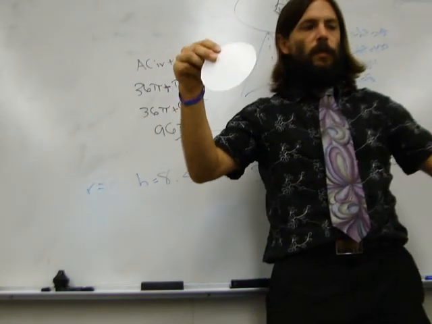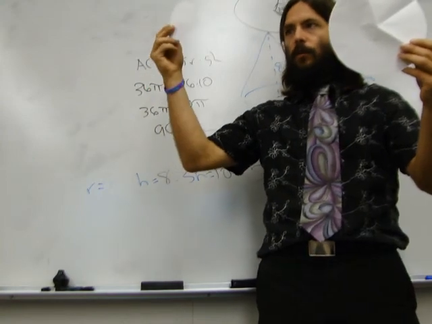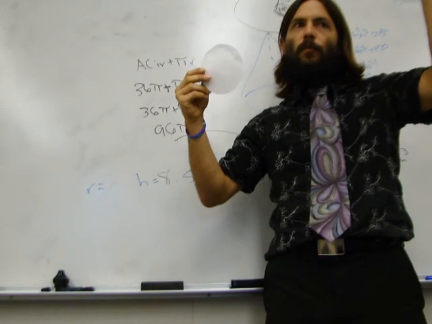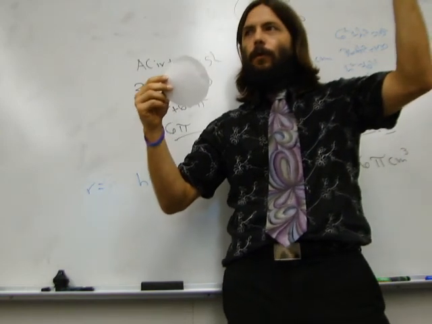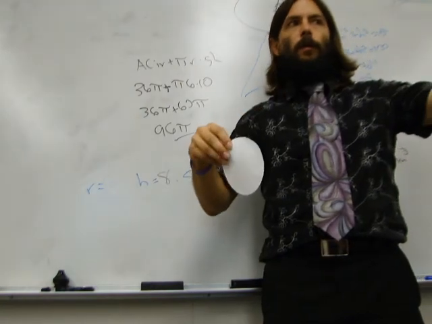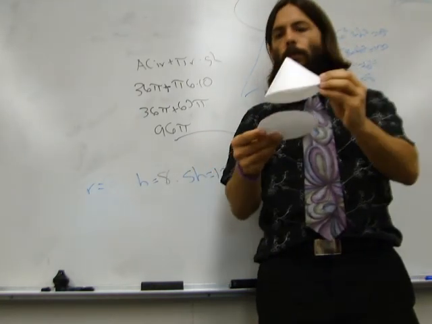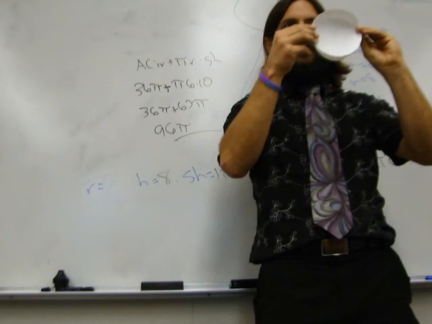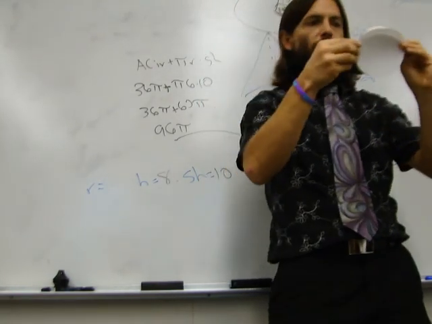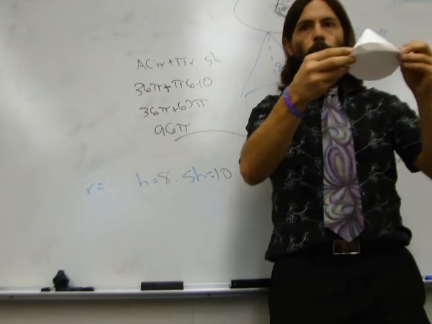This one has a radius of 6, this one has a radius of 10. This one, in other words, is 3/5 the size of this. So I have to remove 2/5 of this circle, and when I do, it's no longer a circle. It's now a cone that is equally matched up with the circle that I already had. So there you have it. There's your net of a cone.